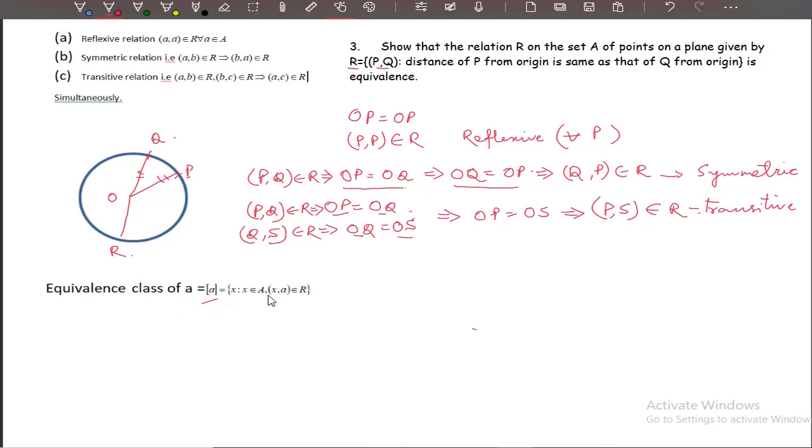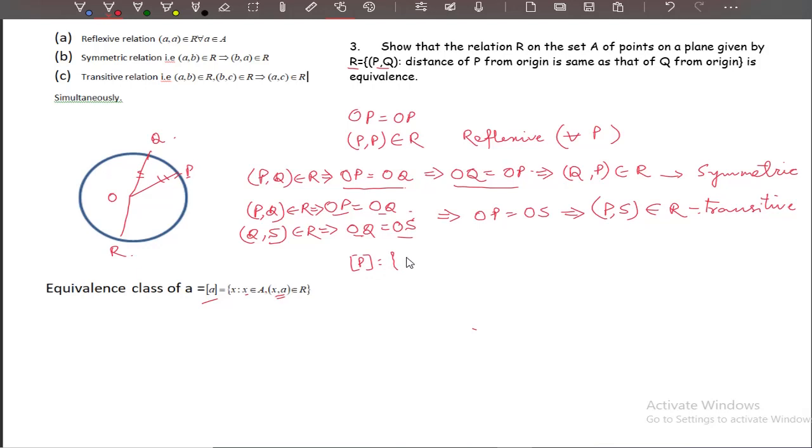Equivalence class of A is all the elements of A, if an equivalence relation is defined on the set A, all the points X which are equivalently related to A. This is the equivalence class of A. So here what will be the equivalence class of P? Can you write it?